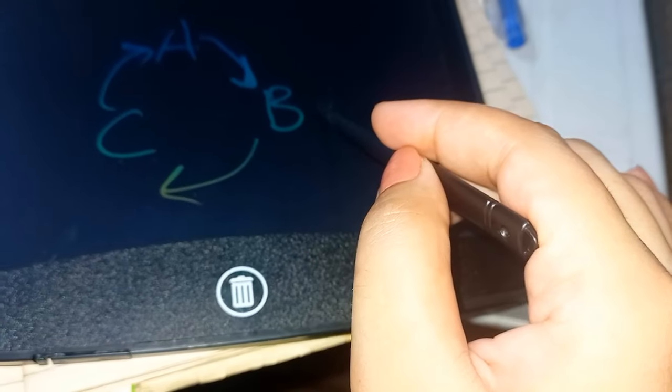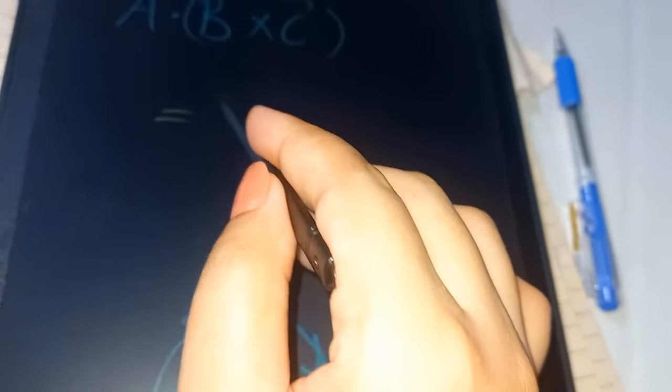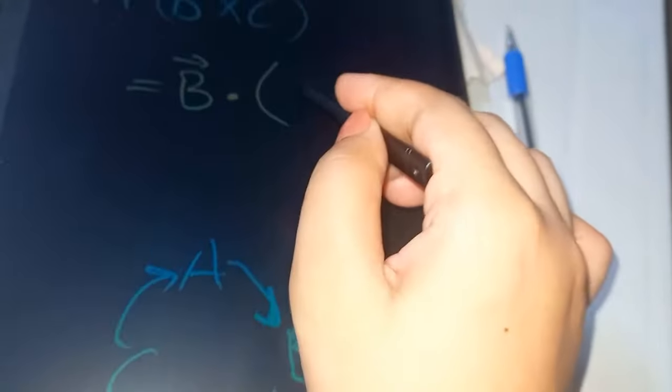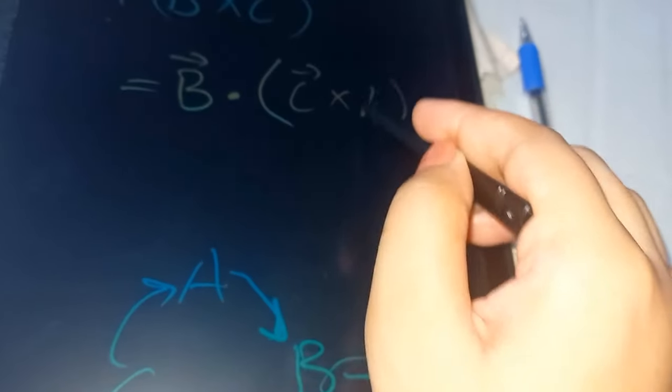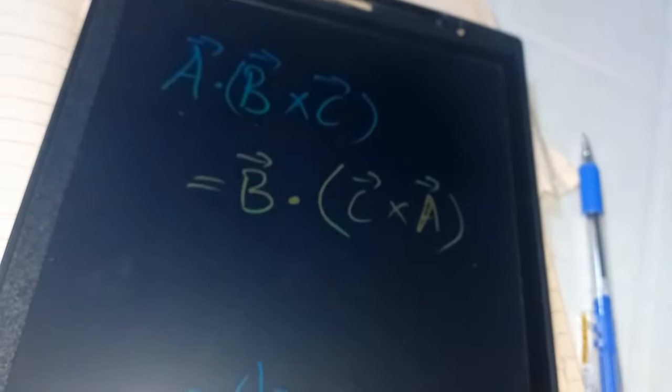Now if we want to start with b, what happens is first is b. If you want to write b first, then the position of dot and cross remain the same, that is the rule. Okay, b, then comes c, so you will write c here, then position of cross, then a. Both of them are equal to each other.